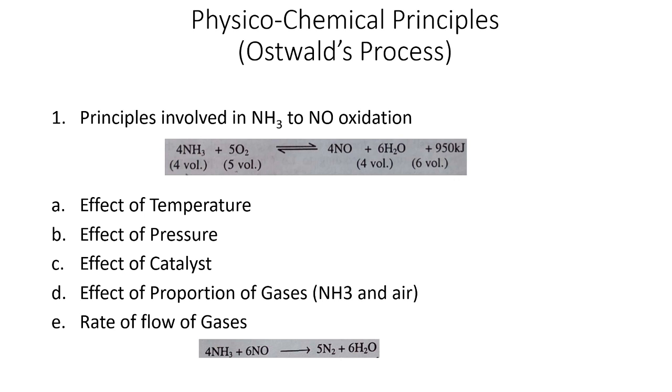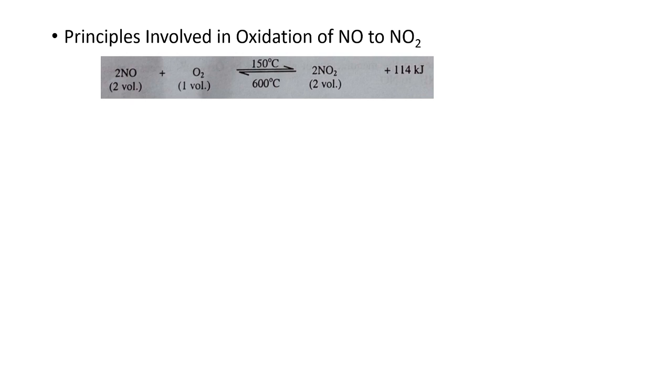We'll see the physico-chemical principle for the second step, that is conversion of nitric oxide to NO2. Okay, so here the reaction is like this. Here again the product which is formed, NO, in the first step will react with excess oxygen to get converted to NO2.